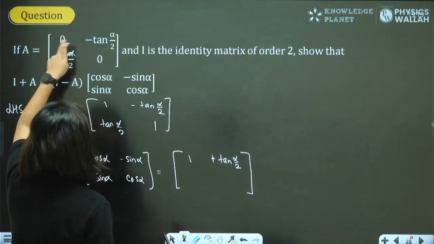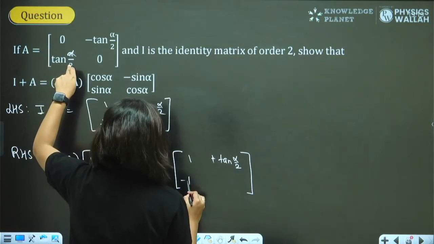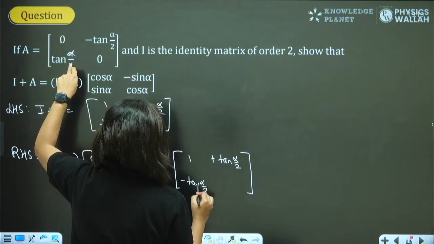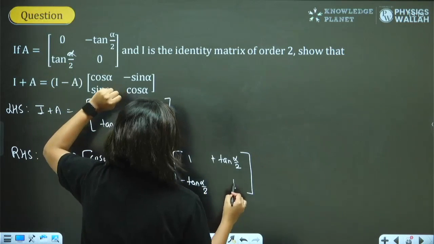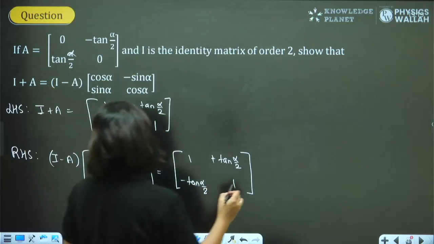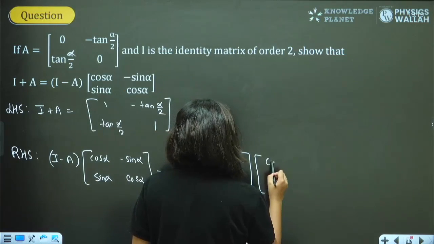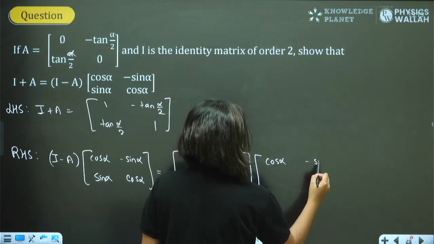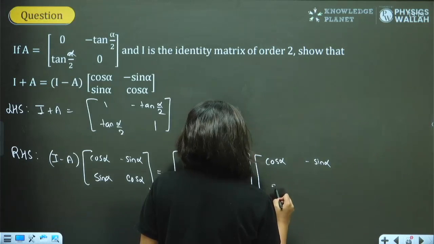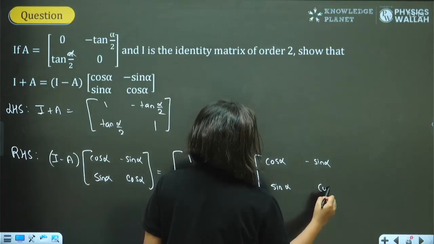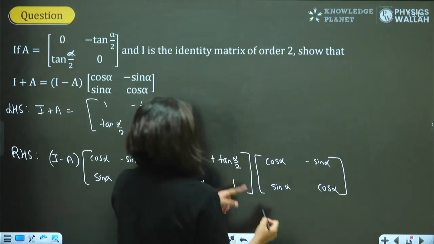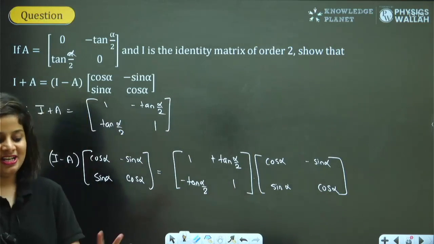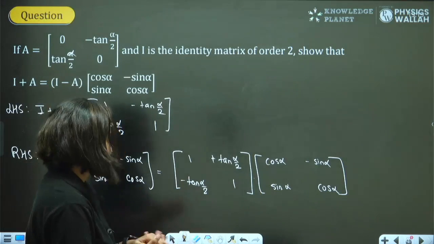And then 0 minus tan of alpha by 2. And 1 minus 0, 1. This is what I get for I minus A, multiplied with cos alpha, minus sin alpha, sin alpha and cos alpha. Okay, this RHS needs some good solving.